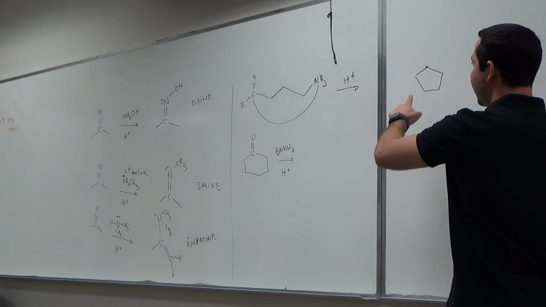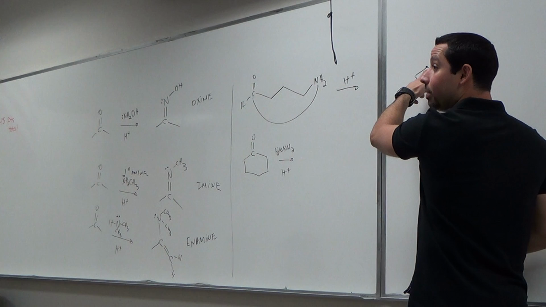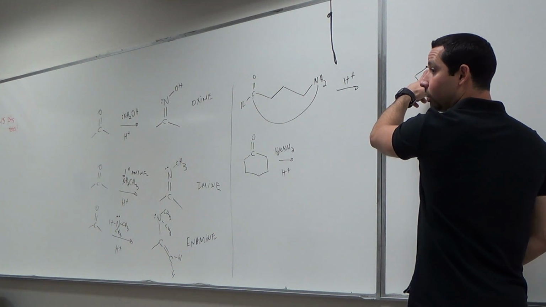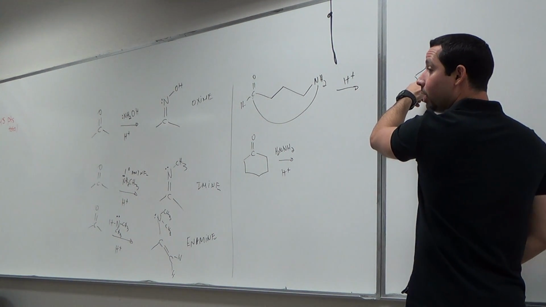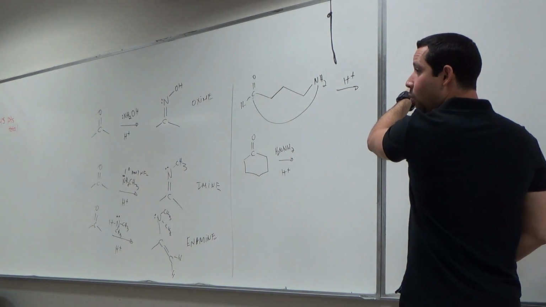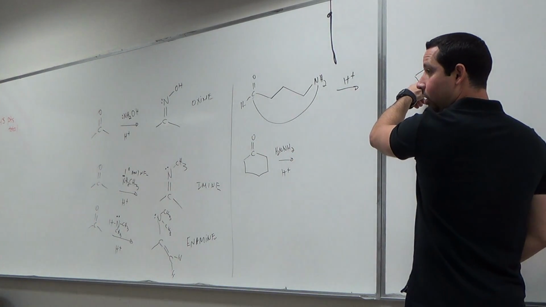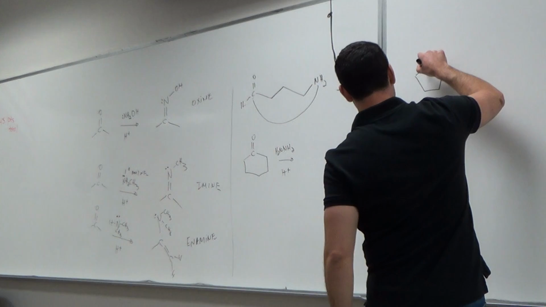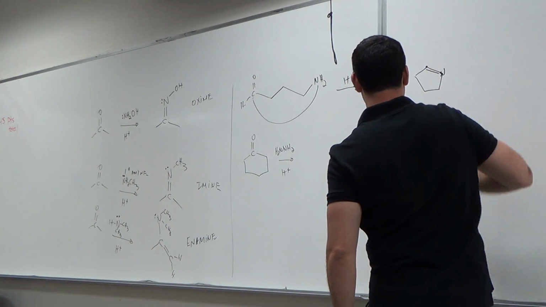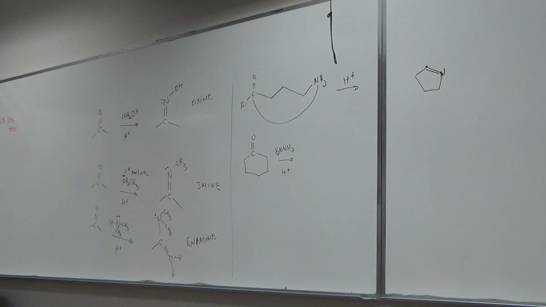Do I have a carbonyl? No, there's no more carbonyl. The carbonyl is gone. There will be a double bond to a nitrogen, and this will be a nitrogen there, on the inside.